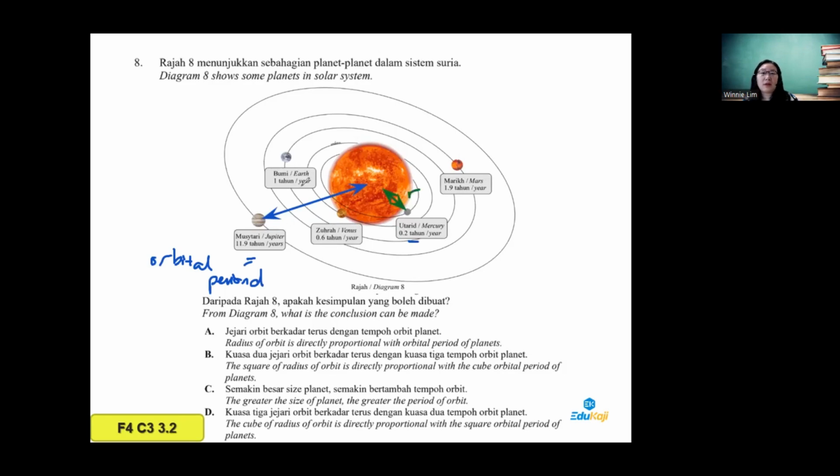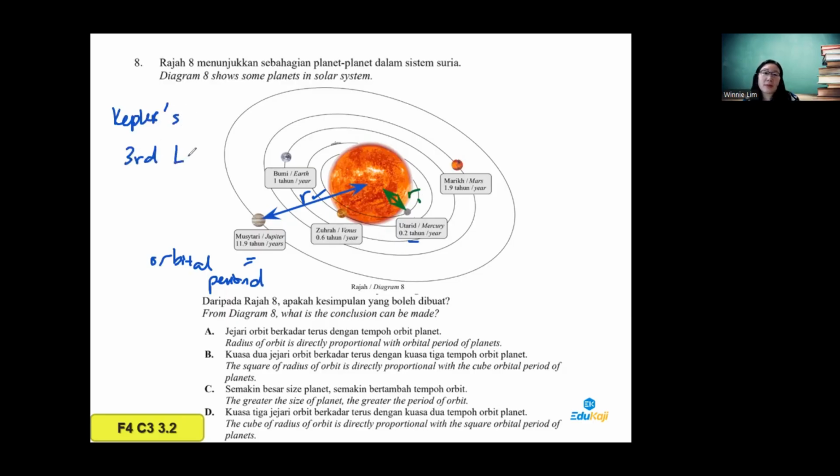And if the distance is further, then they take longer time to complete a cycle. Okay, so that's why you see the time is from 0.2 years to 0.6 and then 1 and then 1.9 and then 11.9. So actually this is under Kepler's third law idea.